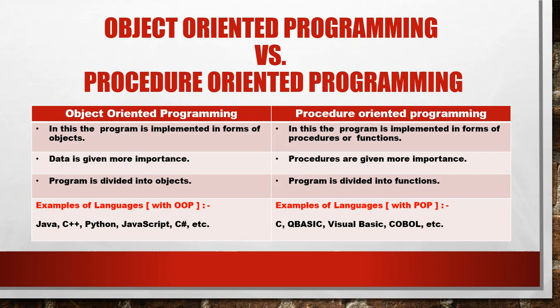In case of object-oriented programming the program is divided into objects, while in case of procedure-oriented programming the program is divided into functions. Now some examples of object-oriented programming languages are Java, C++, Python, JavaScript, C#, etc. And some examples of procedure-oriented programming languages are C, Basic, Visual Basic, COBOL, etc.